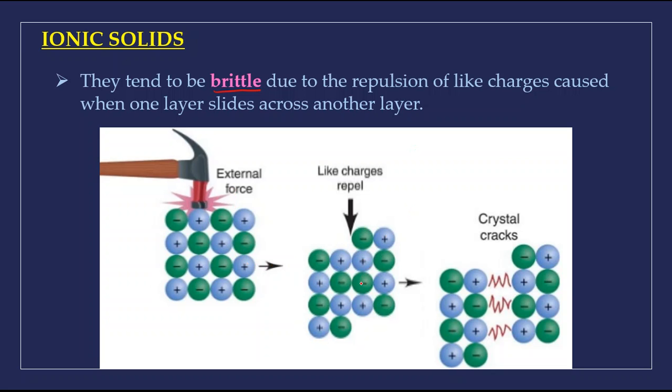And when it shifts the ions and you have negatives and positives lining up next to each other, they have a tendency to repel. And that causes those cracks, which makes it brittle. So that's a little nuance. You need to be able to read and interpret a diagram like this that would contribute to the idea of why ionic solids have that brittle property.